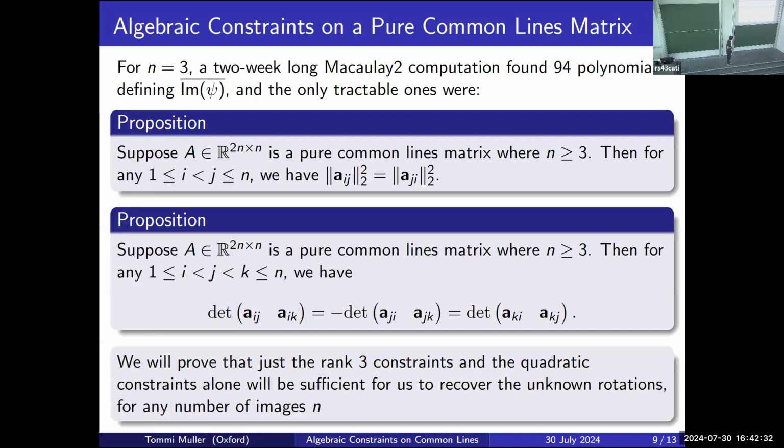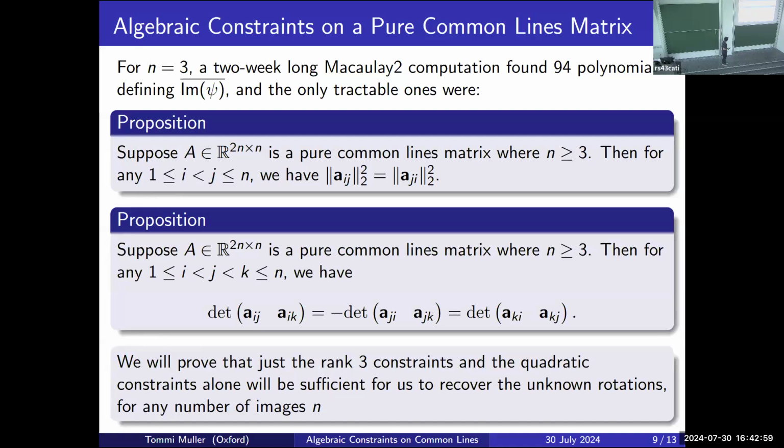And the miracle is that to solve the Cryo-EM problem, you don't need all those 89 other horrible polynomials. You just need these 3 constraints, and that will be enough to recover the unknown rotations for any number of images n. I'll prove this to you later, so we'll come back to this.